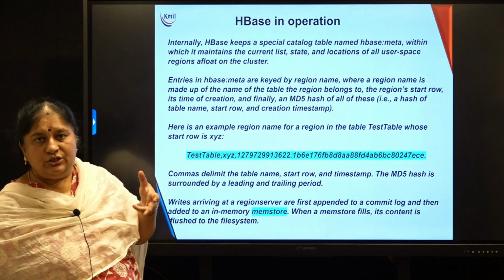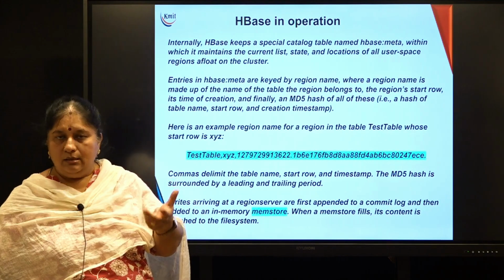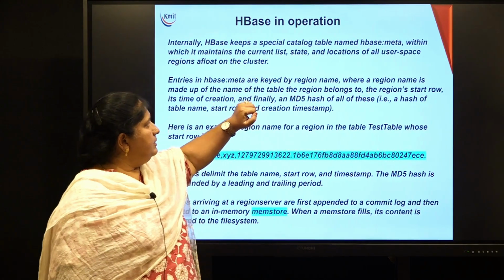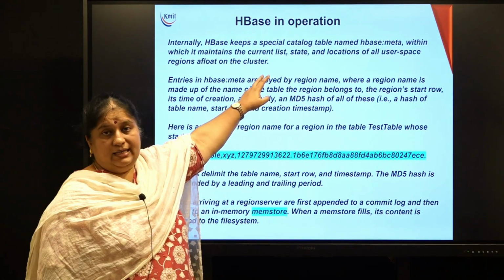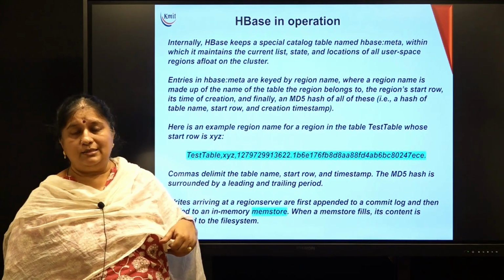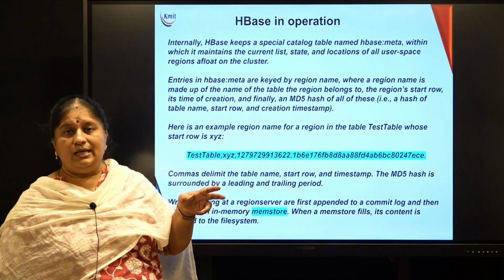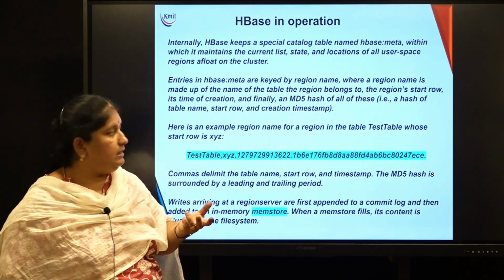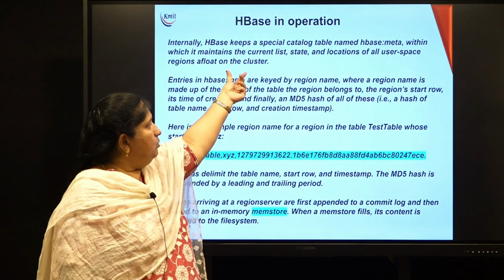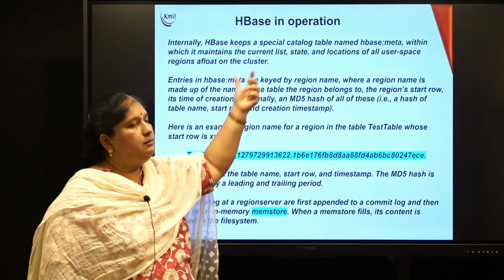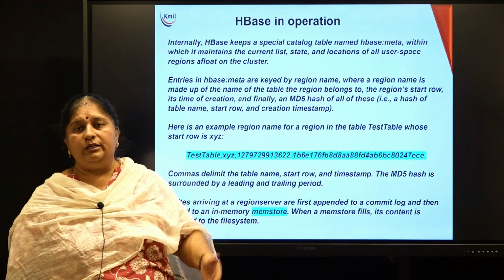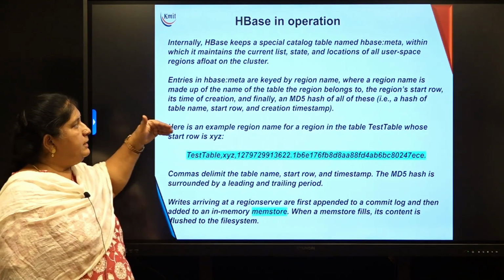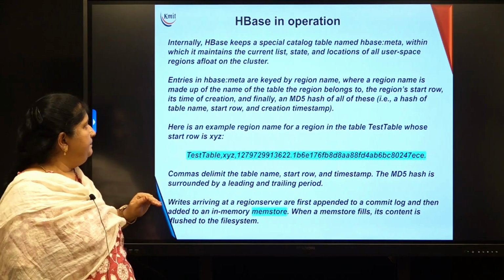For every region into which the user has split the data, it lists how many regions there are and in what state, not the geographical state, but whether it is in active state, recovery state or failure state. So, the current list, its state and the location. Location will be in terms of network address. It maintains all that information in HBase:meta.